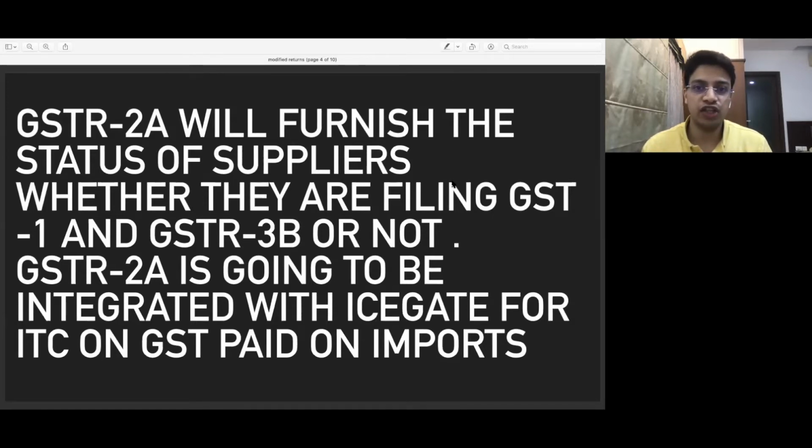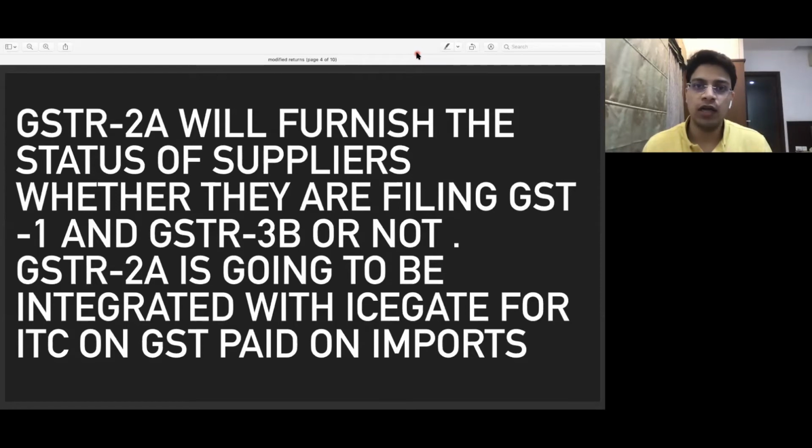GSTR2A will furnish the status of suppliers, whether they are filing the GSTR1 and GSTR3B or not. GSTR2A will have one more facility where the recipient can check whether the suppliers have furnished the GSTR1 and 3B or not.